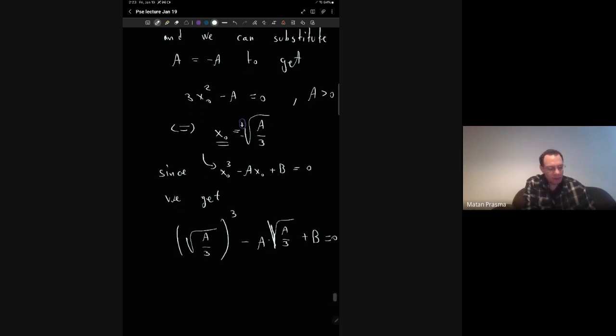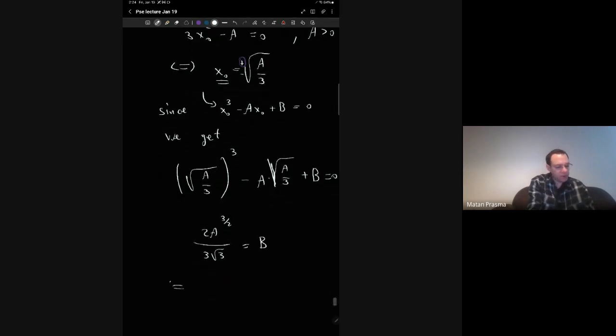And rearranging, I simply get 2a^(3/2) divided by 3 square root of 3 equals b, which is equivalent to saying that 4a cubed divided by 27 is b squared.